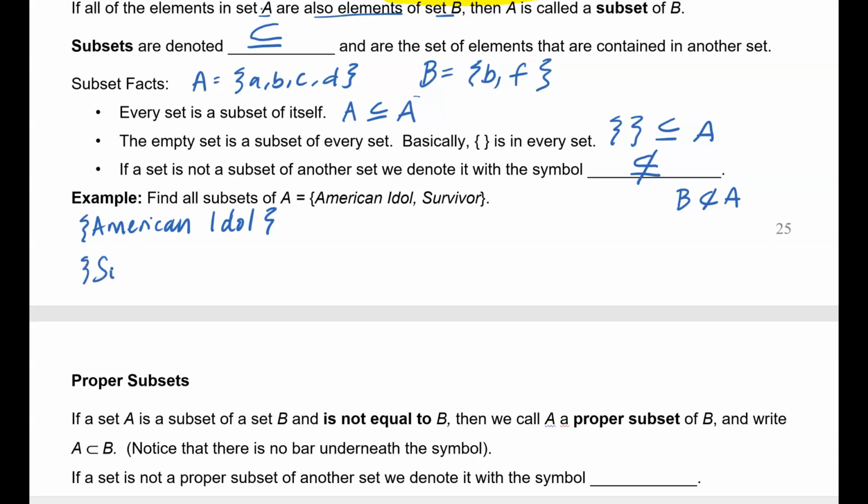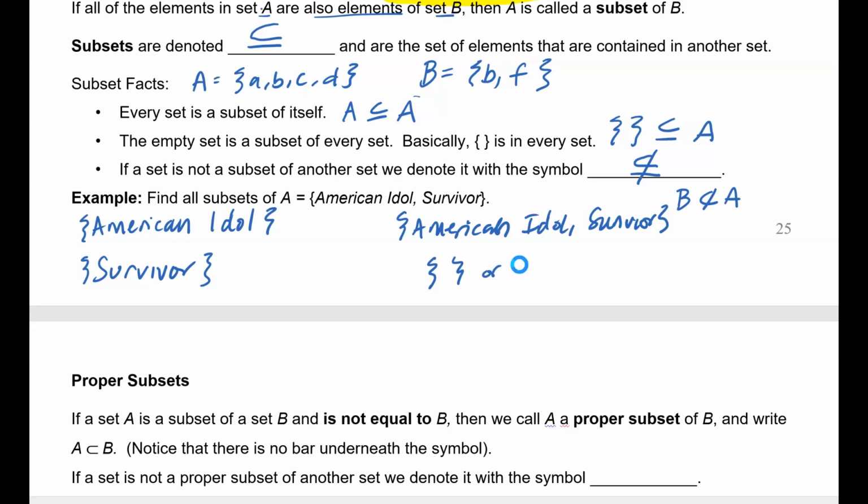One would be the set of just Survivor. One would be the set itself, American Idol and Survivor. And the other one would be the empty set, or you could use this symbol. So if the set in the beginning has 2 items, there are actually 4 subsets that can be listed.